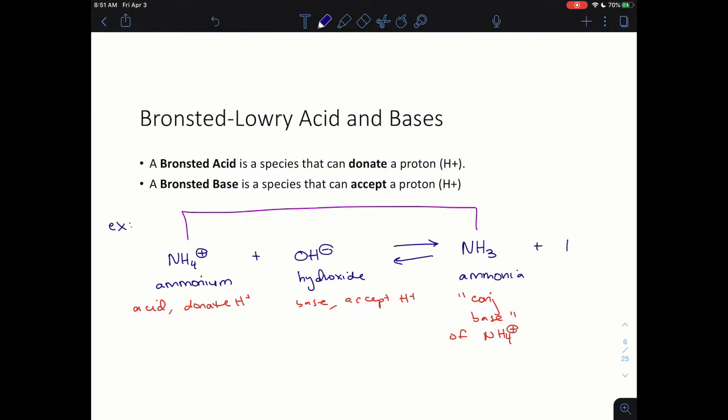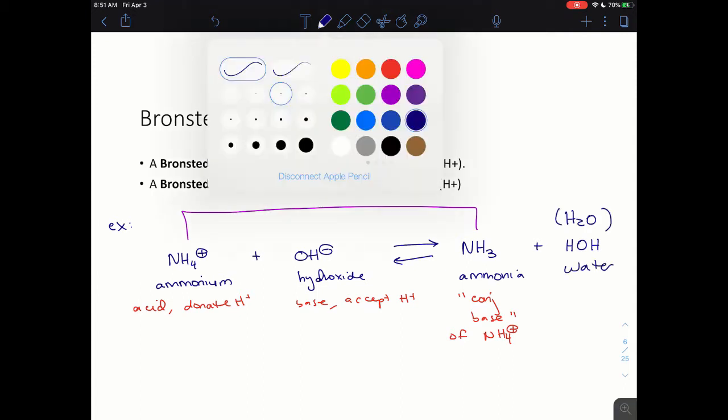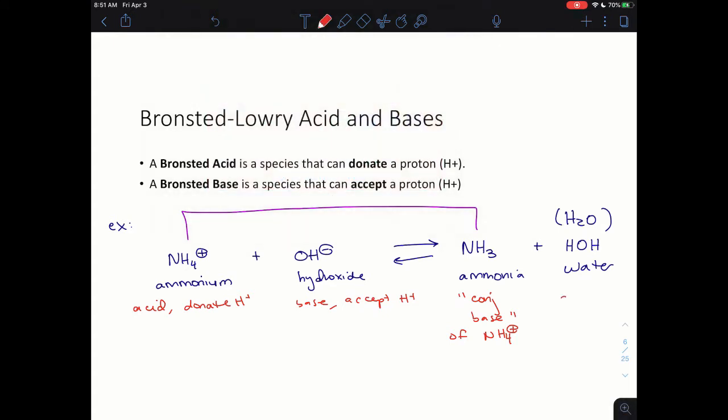If hydroxide acts as a base and it accepts a proton, then we're going to add an H to its formula. Now we have H2, and we are going to add a positive charge. So now it's neutral. So I wrote HOH, but you could write H2O, whichever way you want. So this is water. And then water here would be referred to as the conjugate acid of hydroxide.